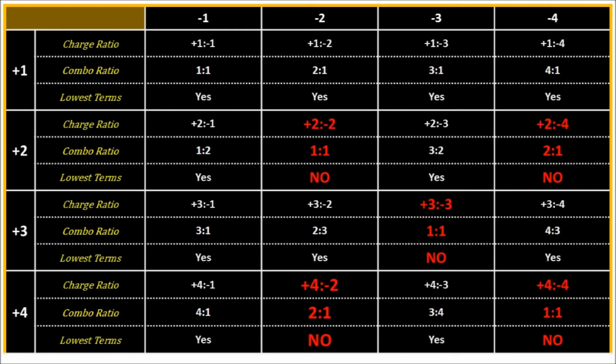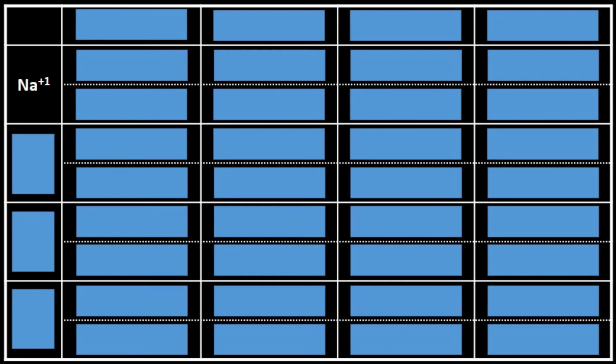In this particular table, the left column will be the positive ion, and the top row will be the negative ion. In the rest of the table, for instance, sodium and then the two cells next to it, you'll have the charge ratio, and then the formula will be written relative to the combination ratio.